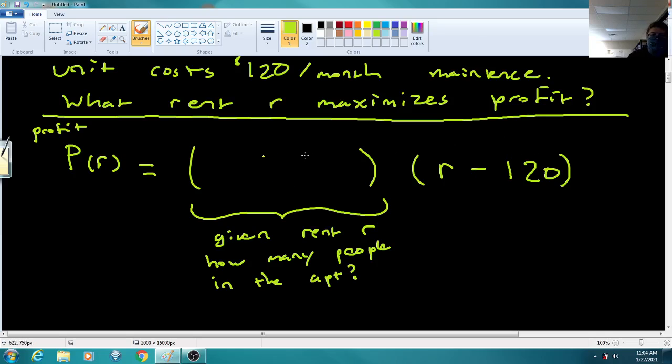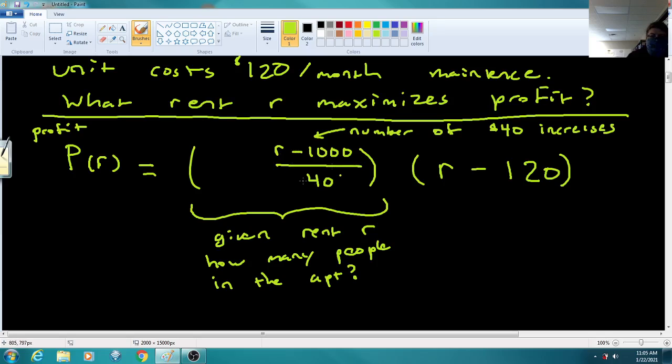So we just need to come up with, given a certain rent, how many people we actually have in the apartment. Let's think for a minute. If we take the rent and subtract $1,000 from it, that's how much the rent is above $1,000. If we divide that by 40, this tells me the number of $40 increases.